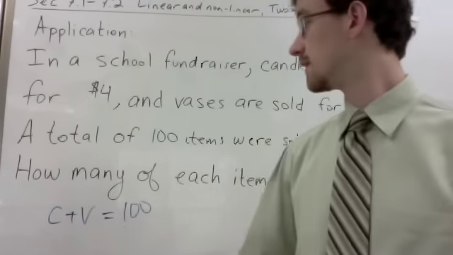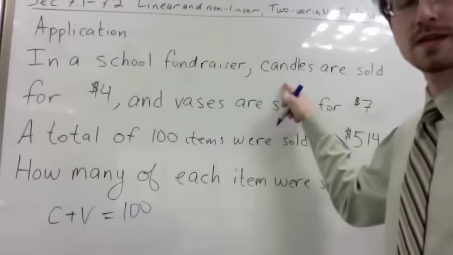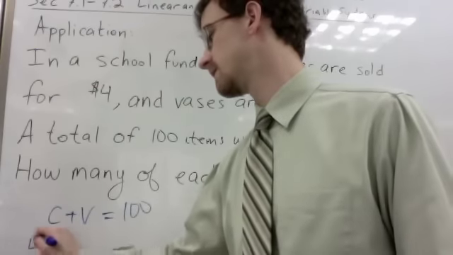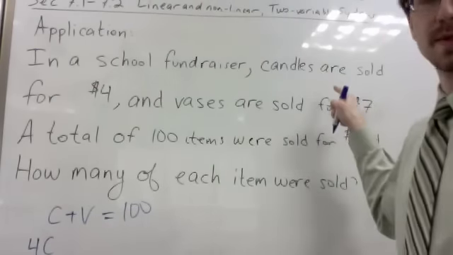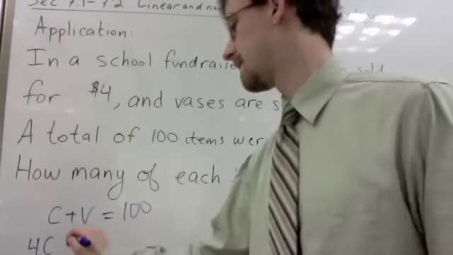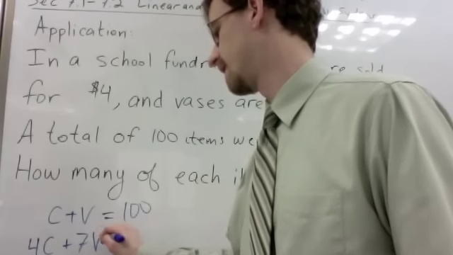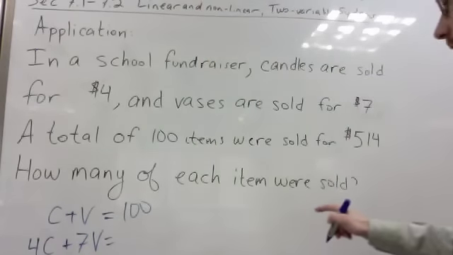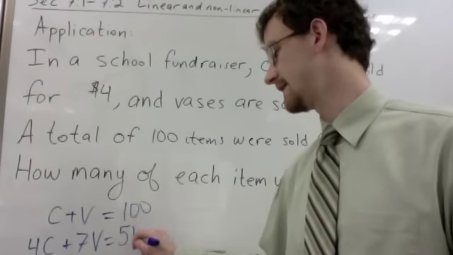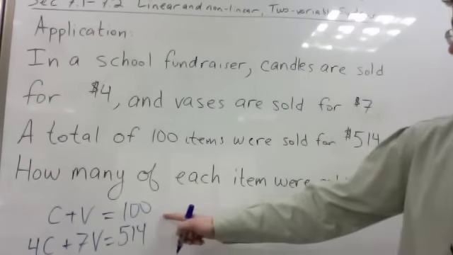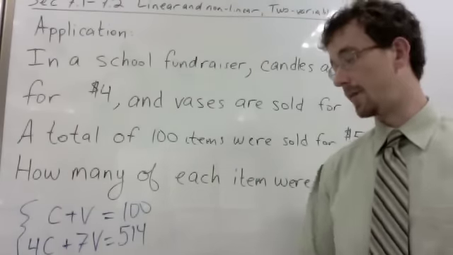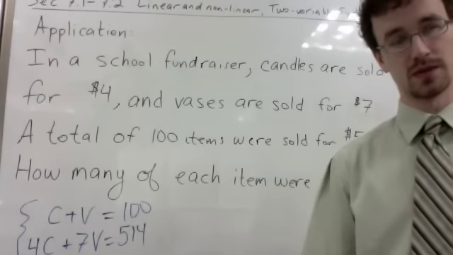From the prices, the amount of money spent on candles is going to be 4 times the number of candles, while the amount spent on vases is going to be 7 times the number of vases. And a total of $514 was spent on these items, so we can generate this system of equations that will allow us to determine how many each of candles and vases were sold.